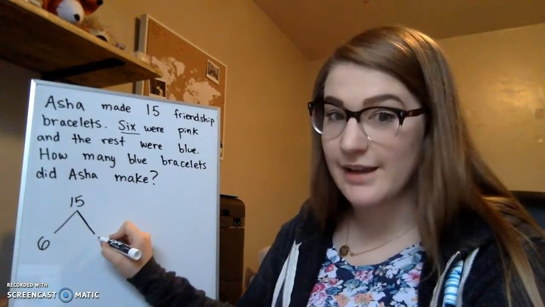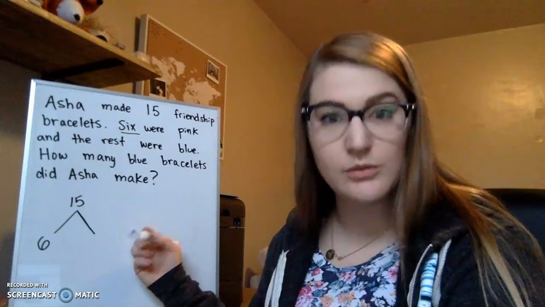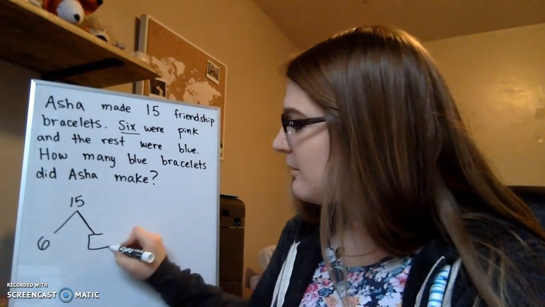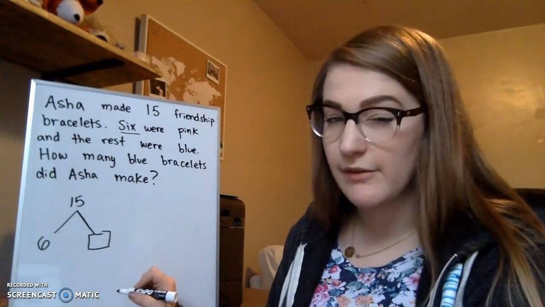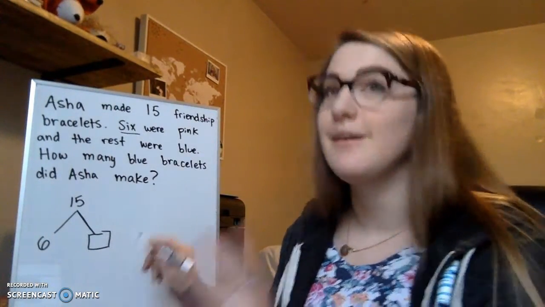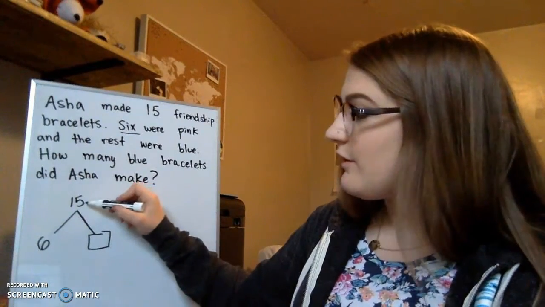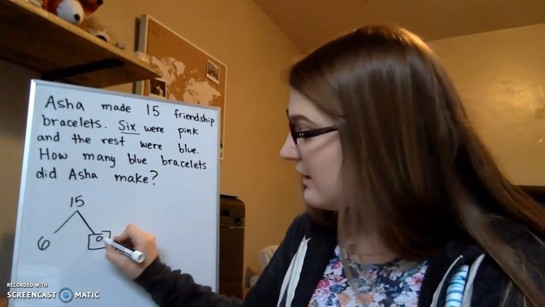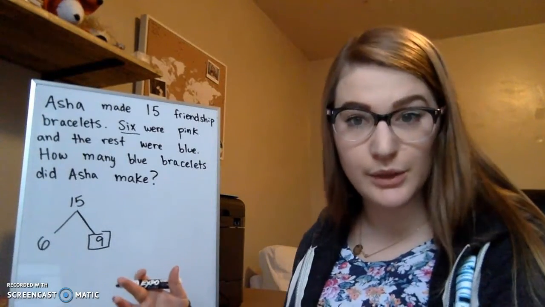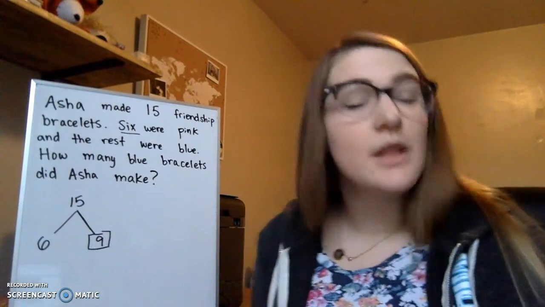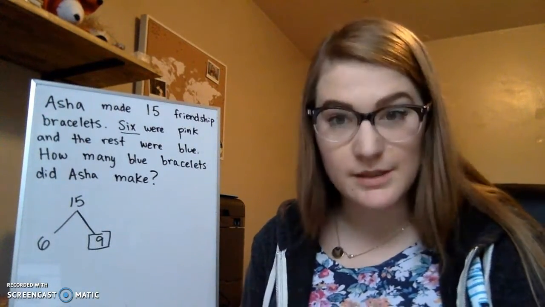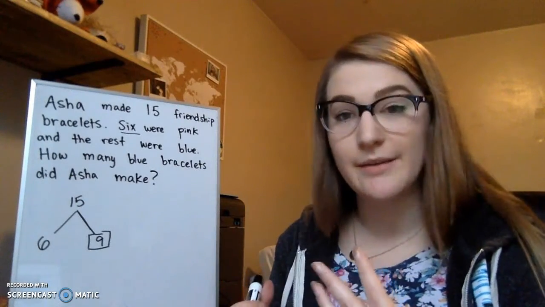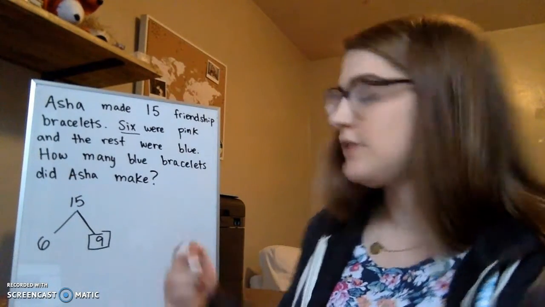The other add-in is going to be the blue bracelets. So we'll put a box there, just to leave it blank for now. But if we figure that out, we know that 15 minus 6 is going to be 9. So 9 blue bracelets.